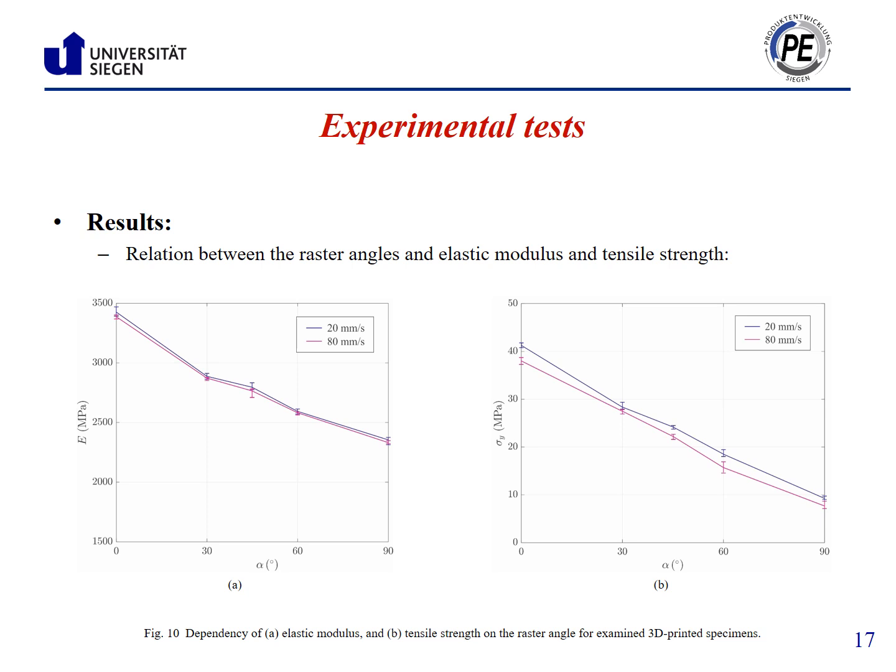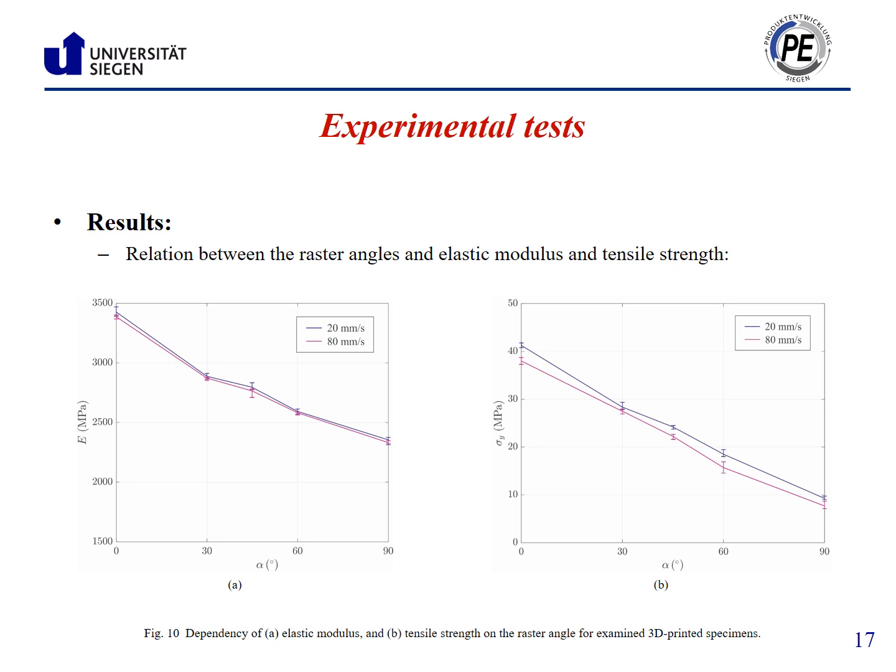As another part of the results, here we present curves to show the dependency of elastic modulus and tensile strength on the raster direction. The graph on the left side shows elastic modulus versus raster direction, which is alpha in degrees. As can be seen, the Young's modulus decreases with an increase in the raster direction. Therefore, the highest elastic modulus was obtained from the specimen with alpha equal to 0 degrees.